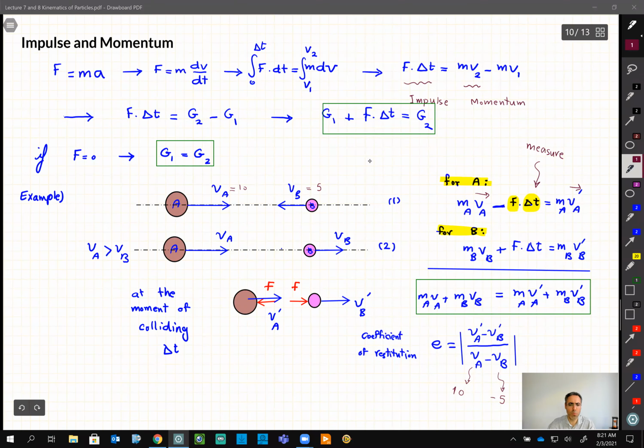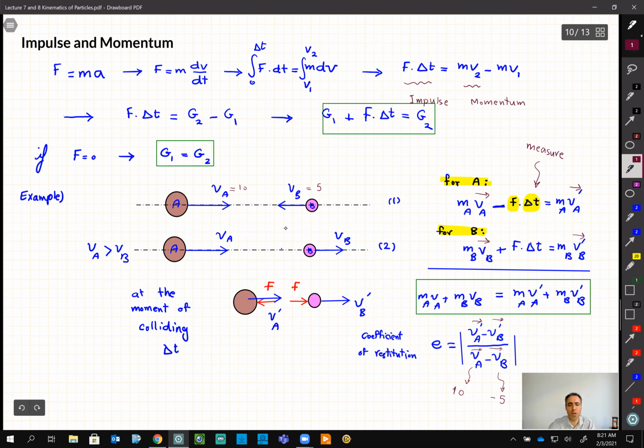So why is VB negative? Remember, these are all vectors, right? For simplicity or out of laziness, we don't put the vector sign on these velocities.